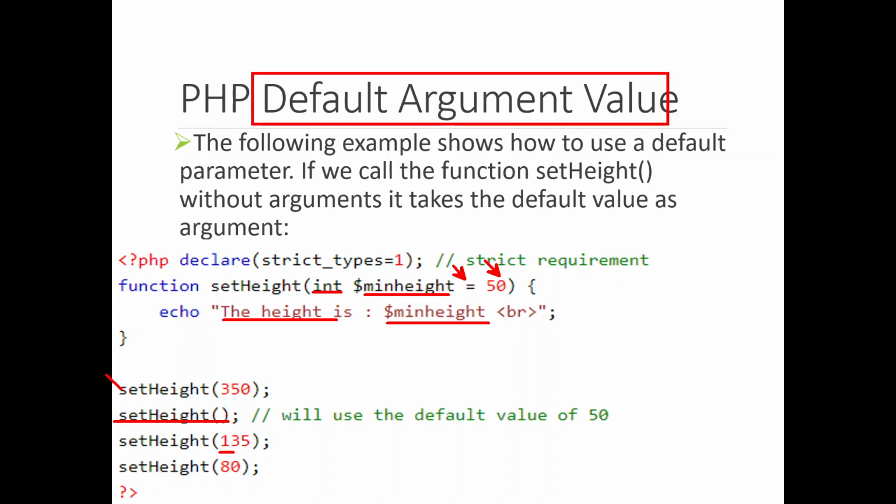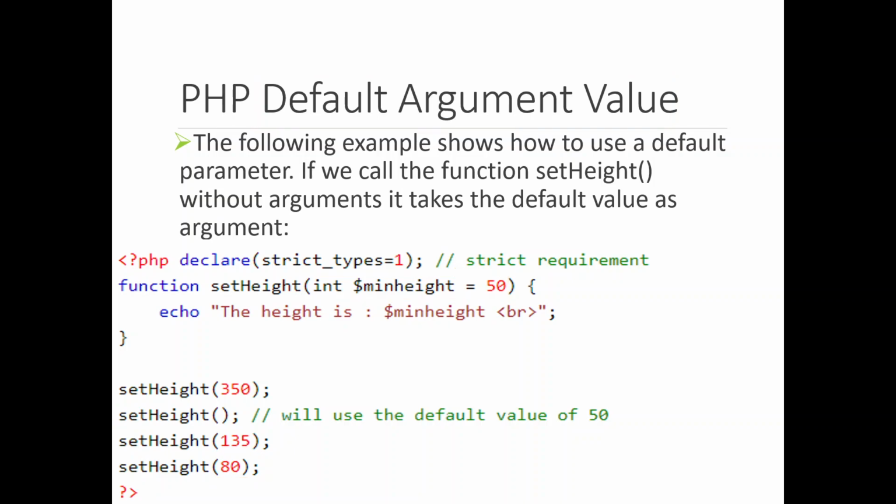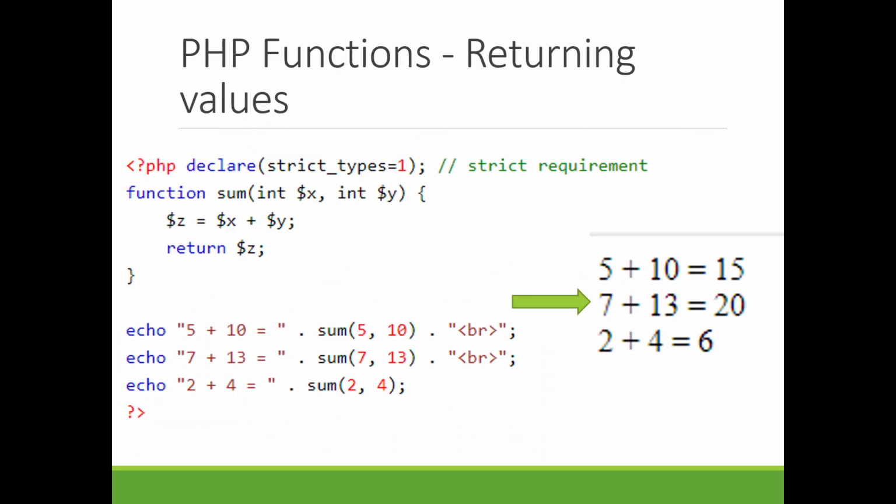Otherwise on this one we've passed 135, therefore it's going to print the height is 135. Here it's going to print the height is 80. So this is how you specify a default argument value, so that if the function is called and no value is passed, then that value is used. Okay.